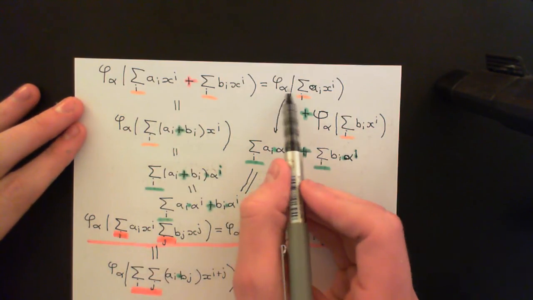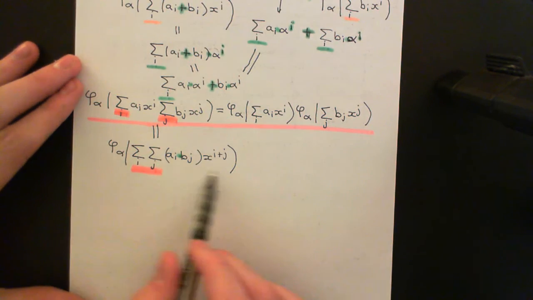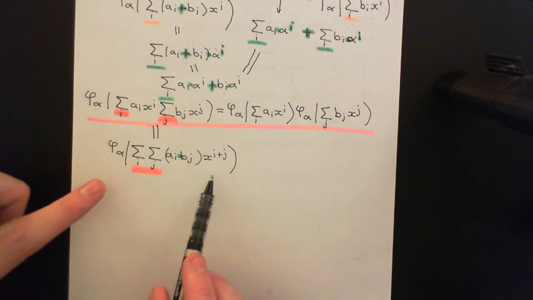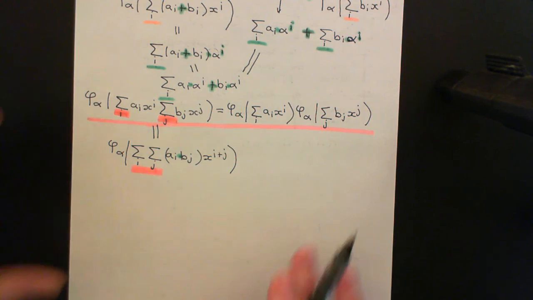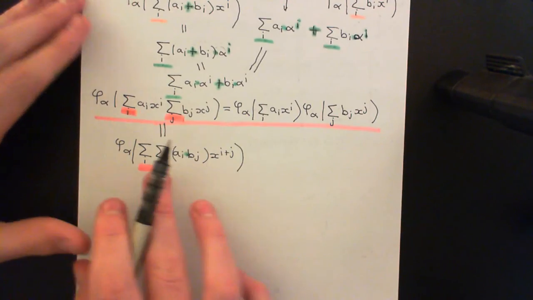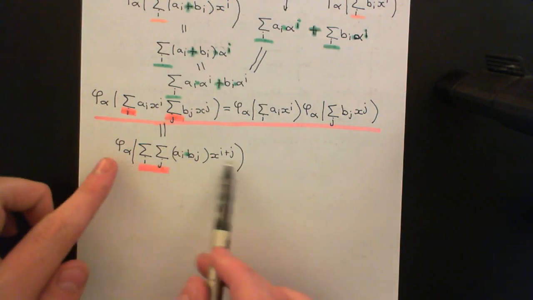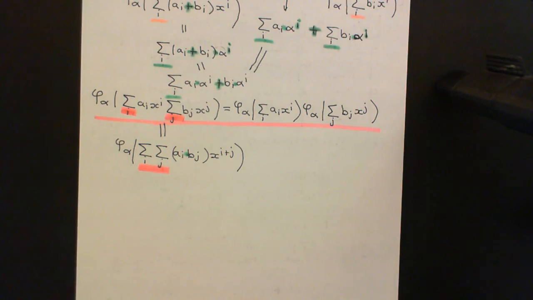It becomes phi sub alpha of one polynomial plus the other polynomial. We've got a great big sum of loads of monomials, and we've done this for two separate polynomials. Of course, it will extend. As soon as it's true for two polynomials, it becomes true for an arbitrary finite length of polynomials, which this is going to be.